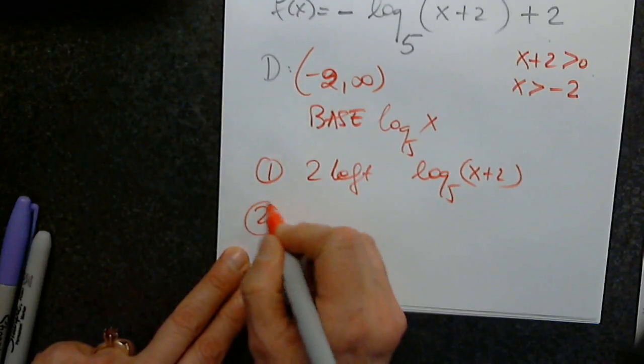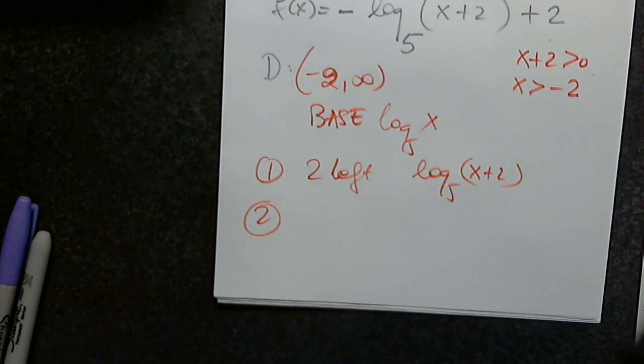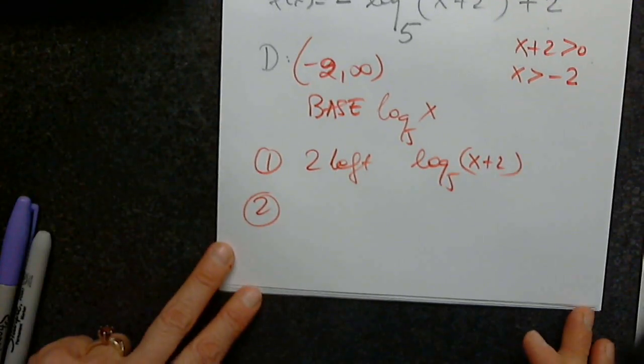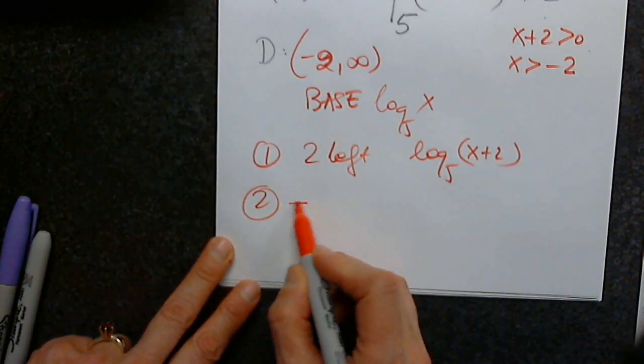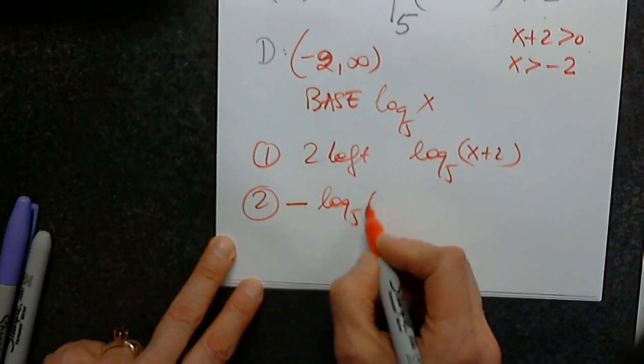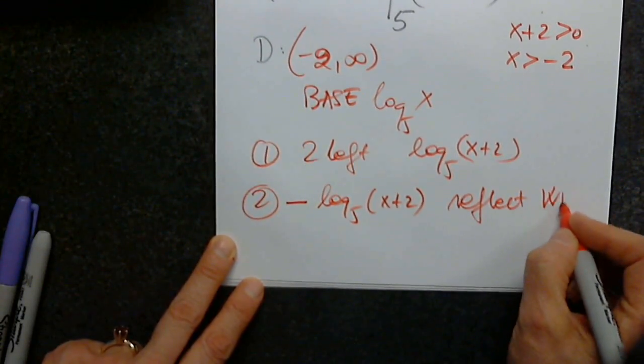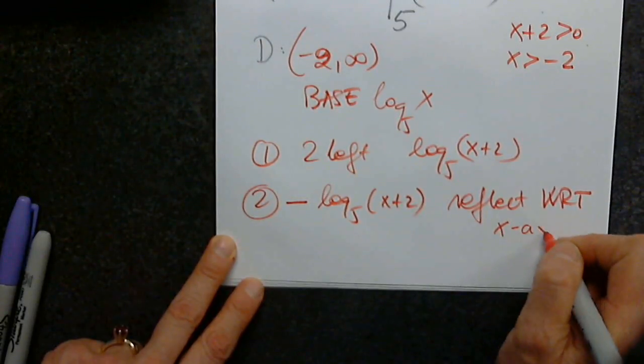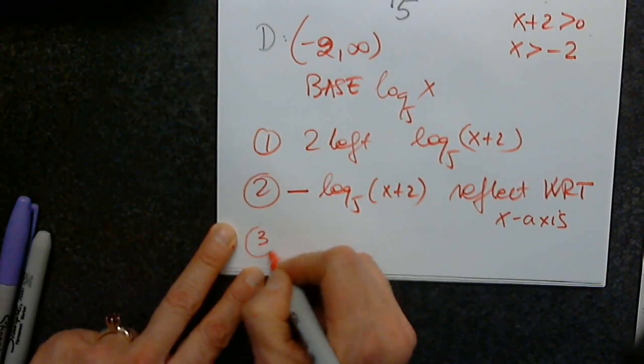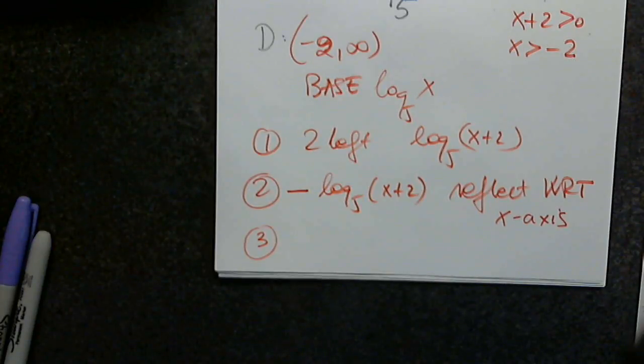Very good. Transformation 2 on transformation 1 in order of operations: reflect with respect to the x-axis. And number 3 is a transformation on number 2.